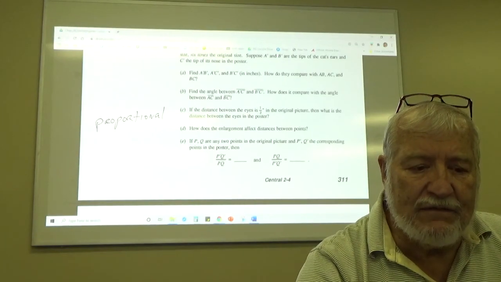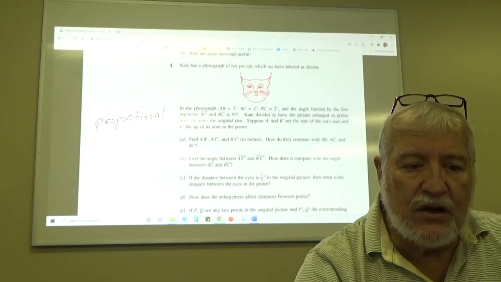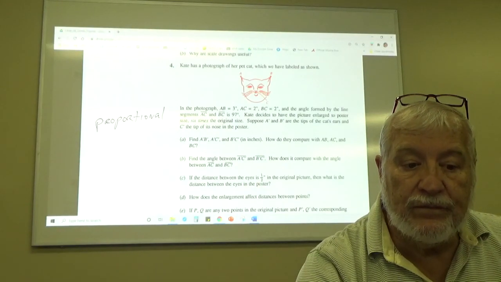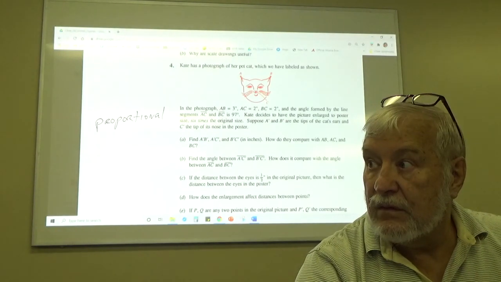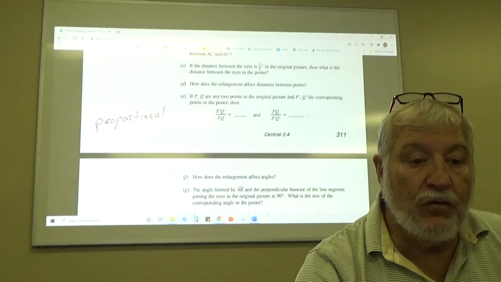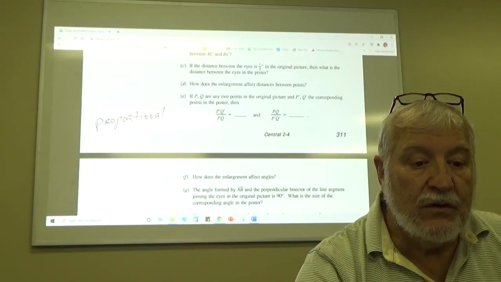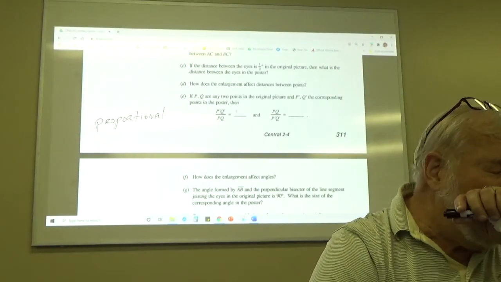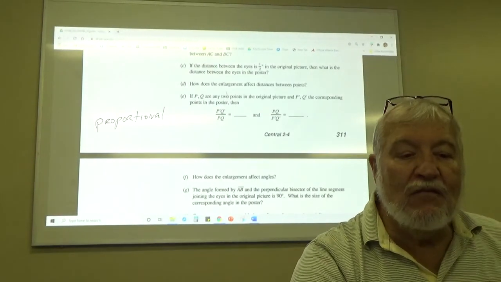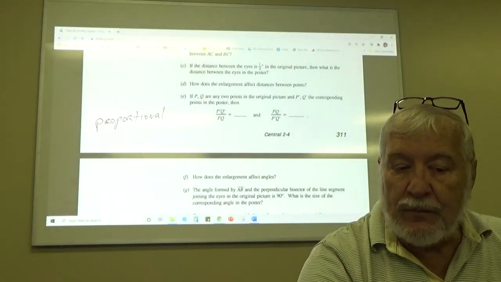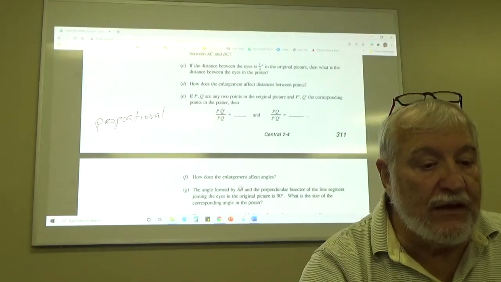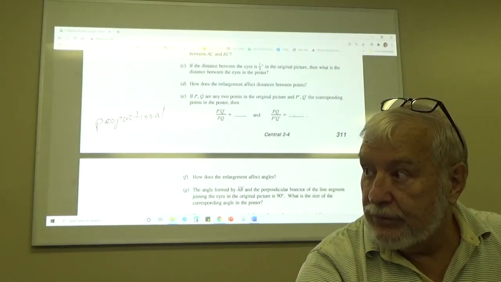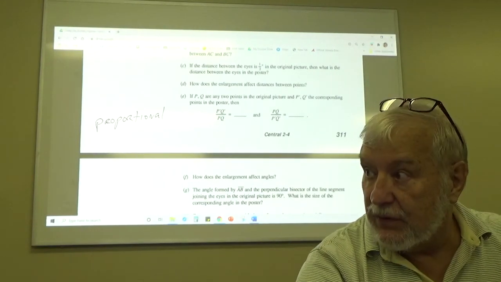So when we have this, the ratio is still going to be 1/2. And so when you put this together, you're going to have 1 over 2 because the other one is smaller, and on this one you're going to have 2 over 1, because the original is bigger.